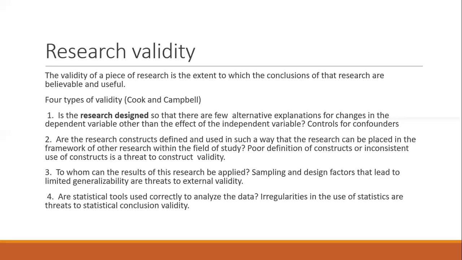Are statistical tools used correctly to analyze the data? So irregularities in the use of statistics are threats to statistical validity. So statistical validity is whether the correct statistics has been done, basically.